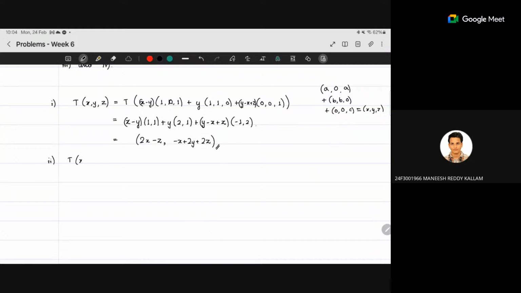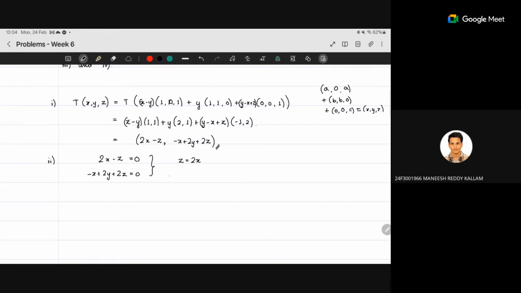If some vector is mapped to 0, then I'll have 2x minus z is equal to 0 and minus x plus 2y plus 2z is equal to 0. You will have x is equal to z by 2 or z is equal to 2x. Let's just write it as z is equal to 2x.